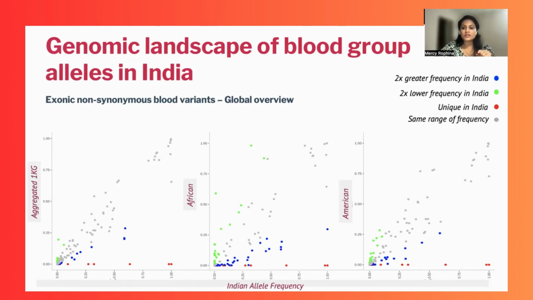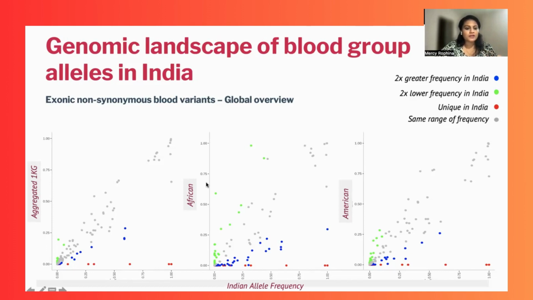Similarly, all the green dots specify those variants which are found at half the frequency in India. All the red dots specify those blood group variants which are uniquely found only in the Indian population. And all the gray dots signify those blood group variants which are found in a similar range of frequency between both populations, that is the Indian population and the population we are comparing it to.